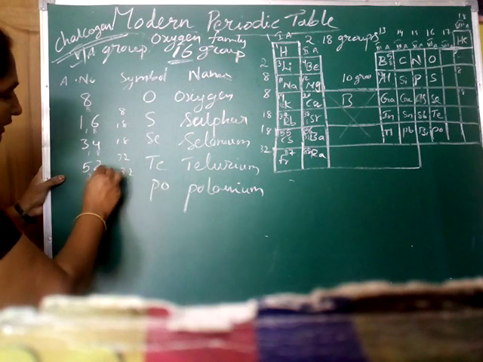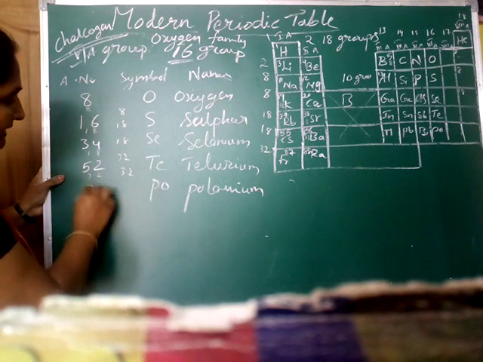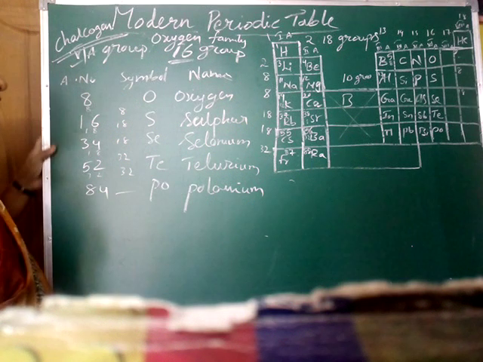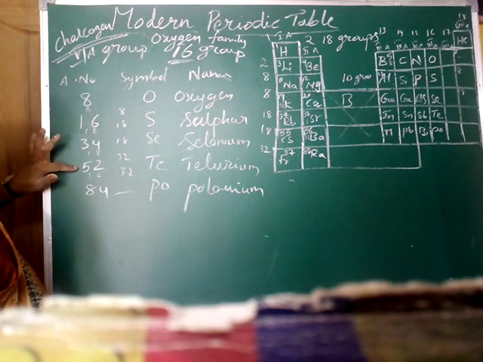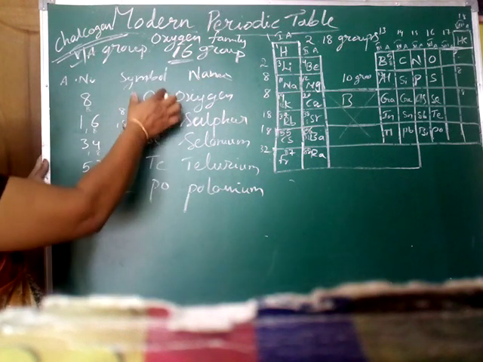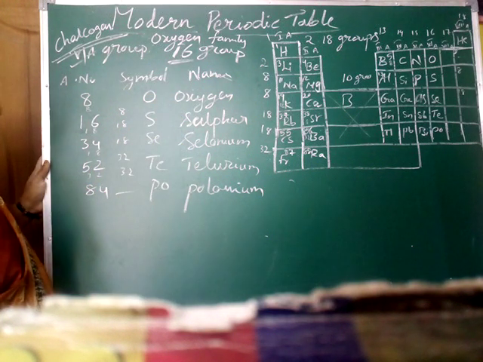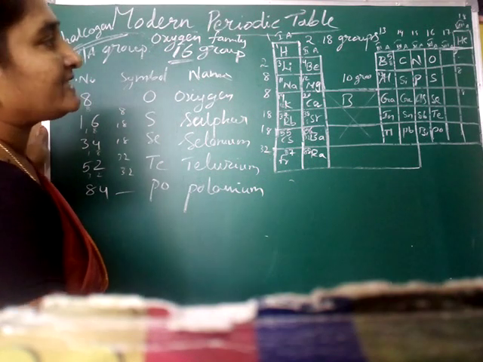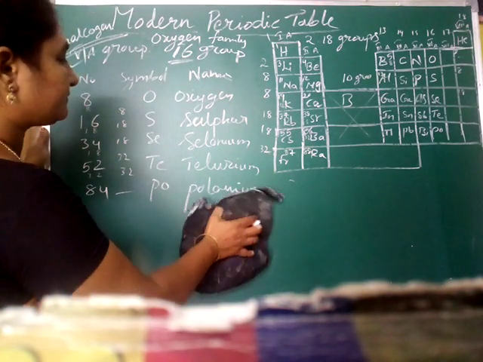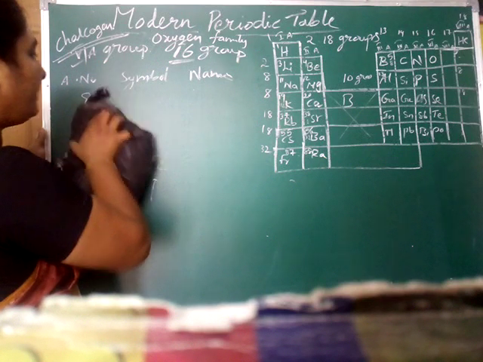Then we have to add 32, 84 is the atomic number of polonium. Okay, do you understand? 8, 16, 34, 52, 84 are the atomic numbers of the chalcogen family. Then after you come to the 7th A group elements.